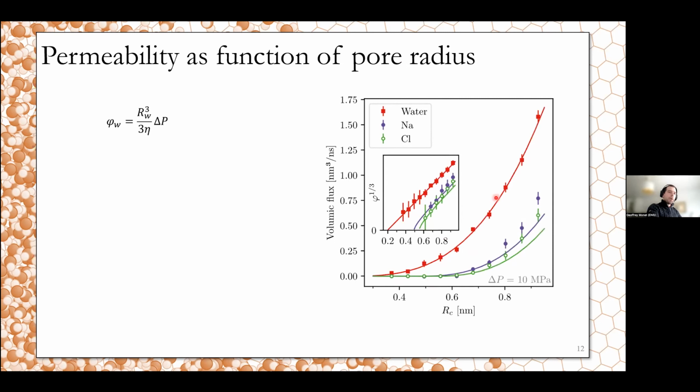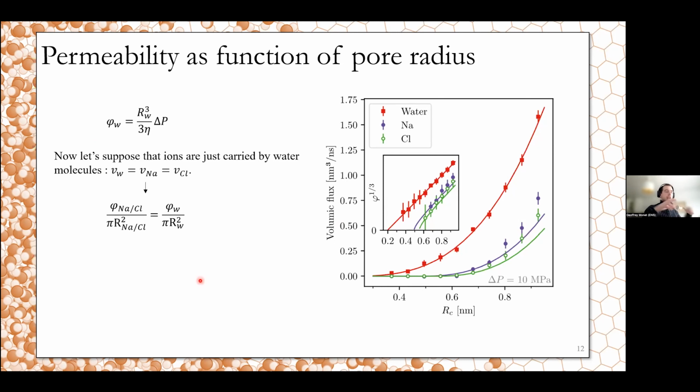The red curve is the theoretical model, considering only the entrance effect. The purple and green curves are the theoretical curves for sodium and chloride ions. We get those curves just by assuming that ions are passive particles that are carried by the water flow.